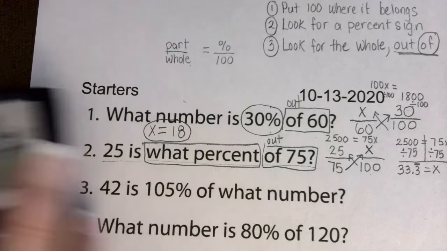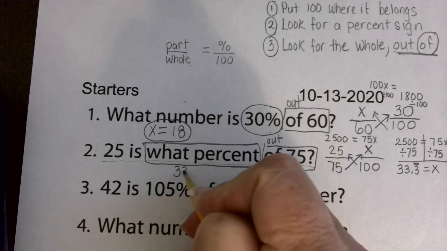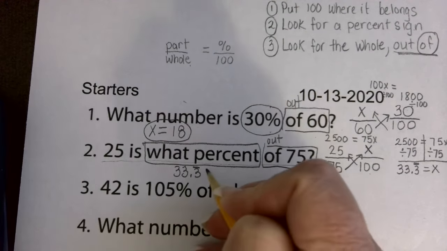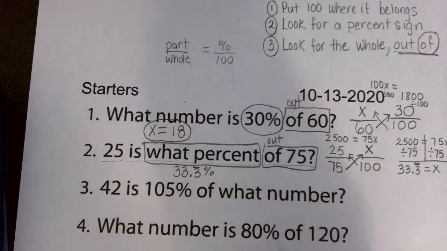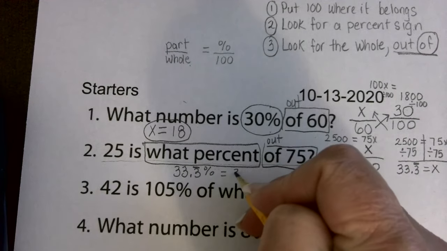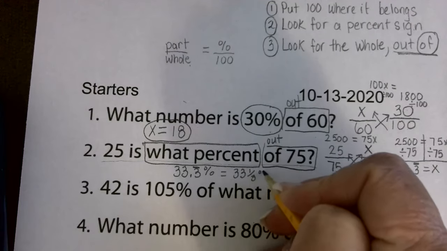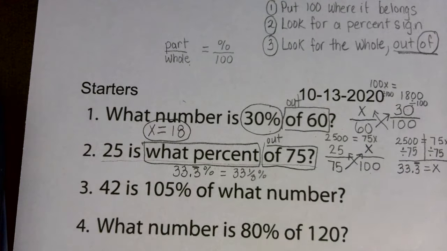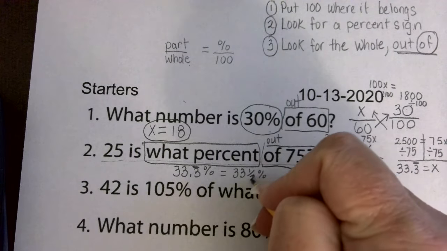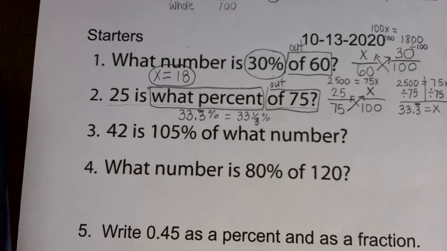So my 1x is going to be 33 and a repeating 3%. And that's actually equal to 33 and 1/3%. That looks like an 8. That's supposed to be a 3. 33 and 1/3%.